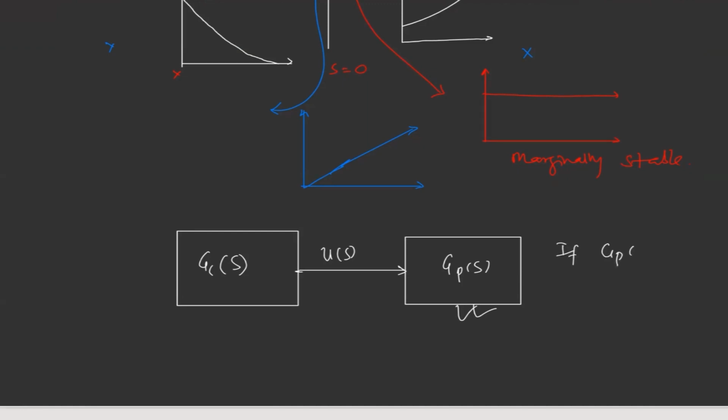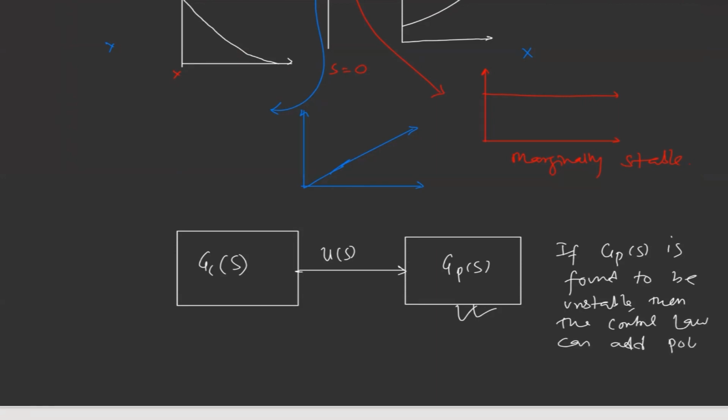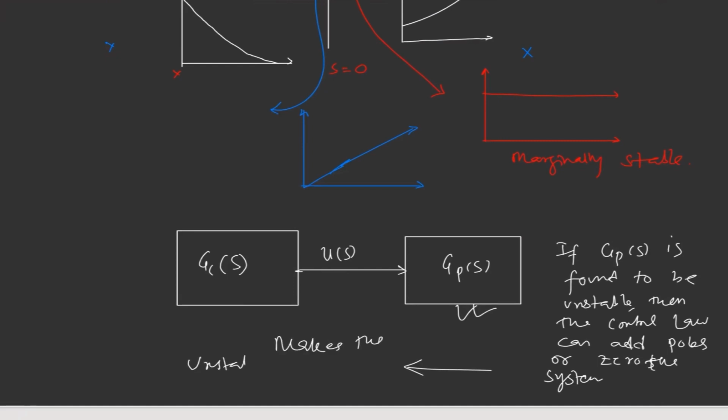If GP of S is unstable, meaning if any of the poles lies on the right-hand side, the system is unstable, then with the control law we can add poles or zeros to the system, which makes the unstable system stable.